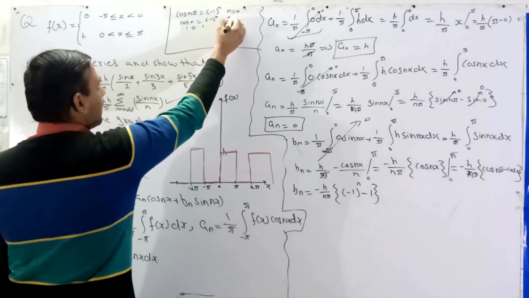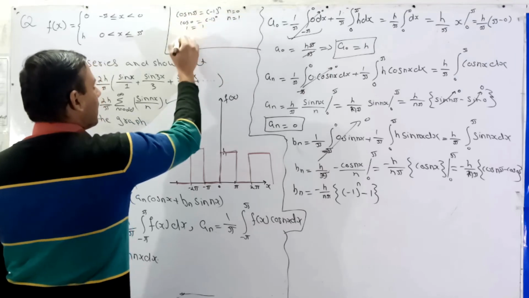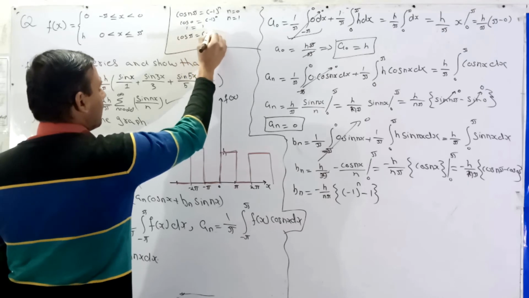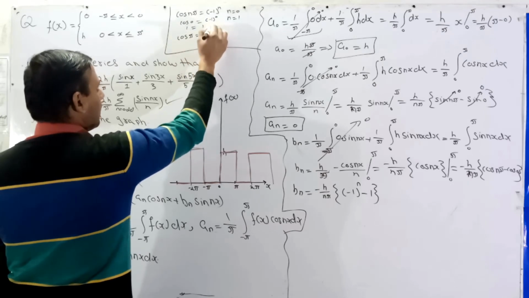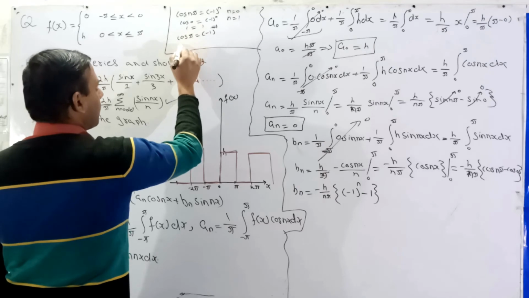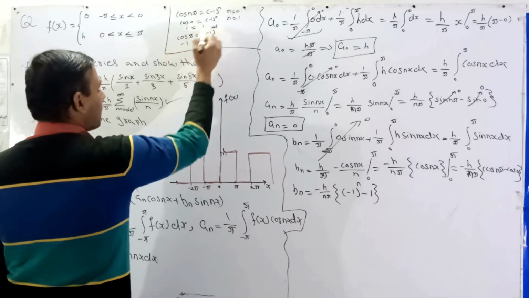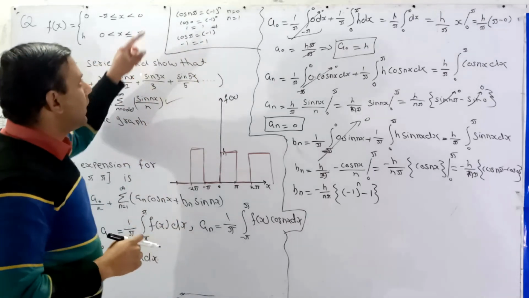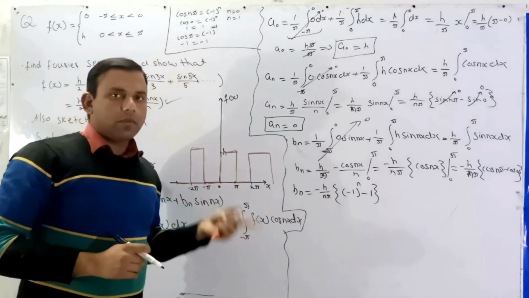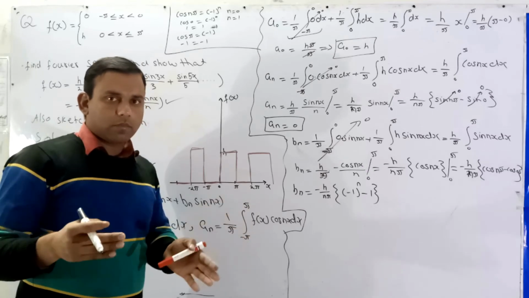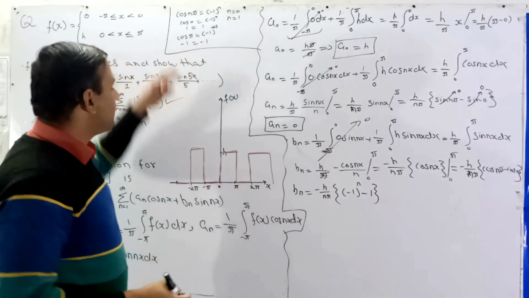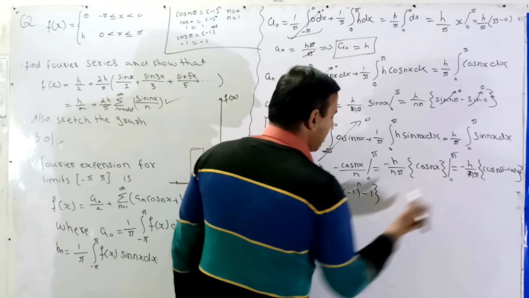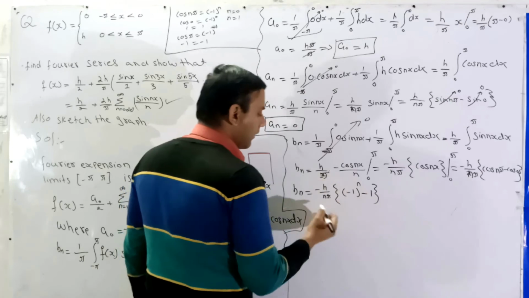When we put n is equal to 1, again both sides give the same values: cos pi is equal to minus 1, and minus 1 raised to power 1 is also equal to minus 1. So we can put all the values of n from 0, plus or minus 1, plus or minus 2, and so on, and both sides will give the same values. So we can write cos n pi is equal to minus 1 raised to power n.